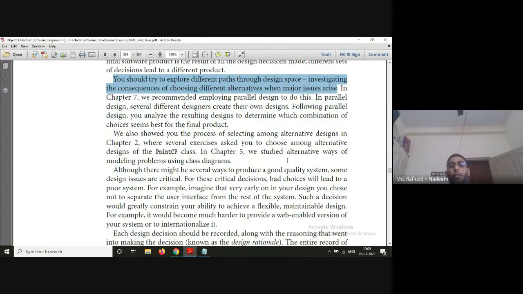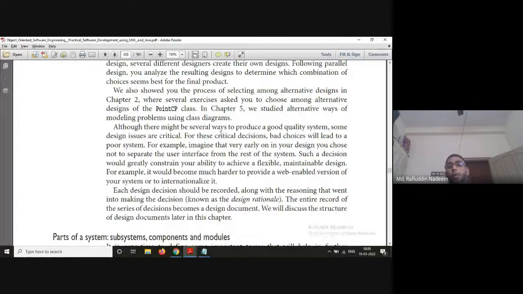The next point to discuss is that although there might be several ways to produce a good quality system, some design issues are critical. For critical decisions, bad choices will lead to a poor system. There may be different options, but some design issues are very critical, and you need to handle them very carefully.